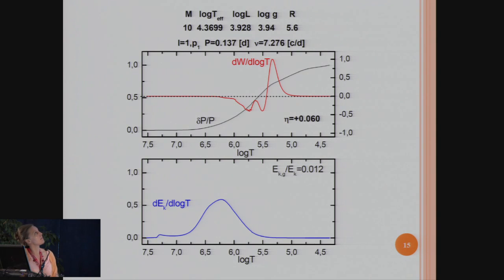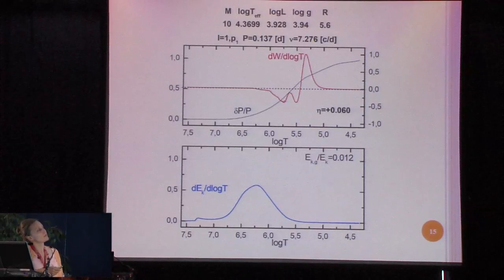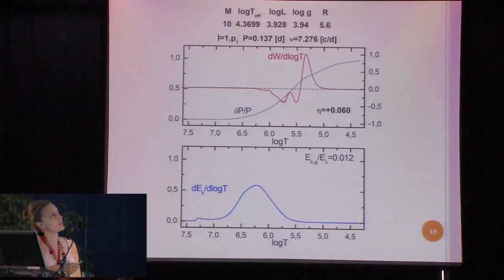And some examples of the work integral and the eigenfunction of pressure. Modes in beta Cephei stars are generally driven by the Z opacity bump. Here we have the differential work integral, and eta is plus 0.06, so the mode is globally excited.